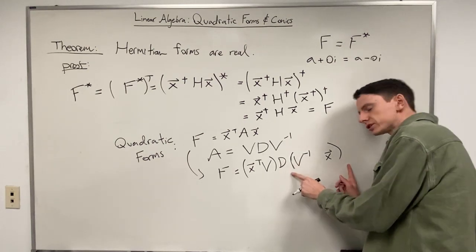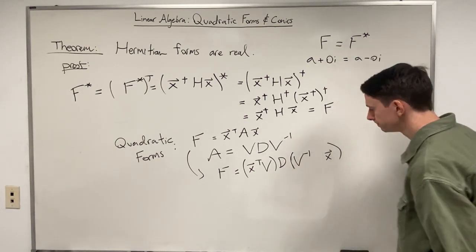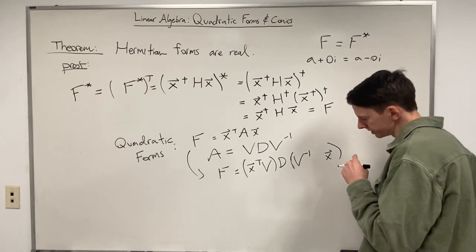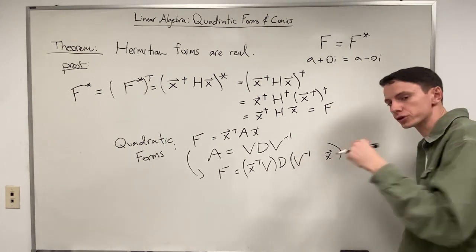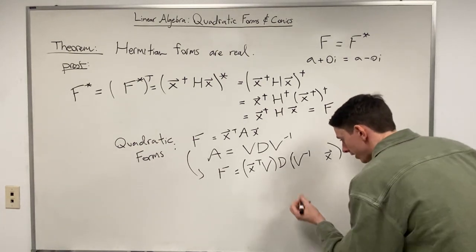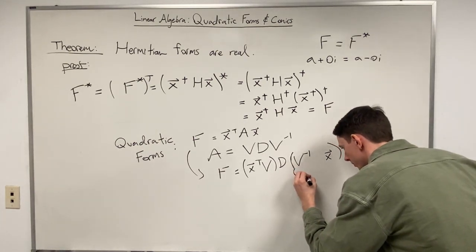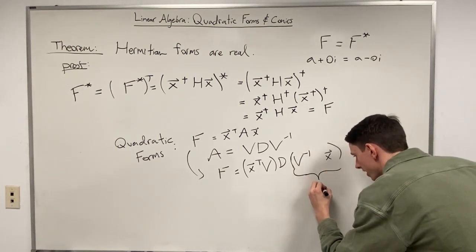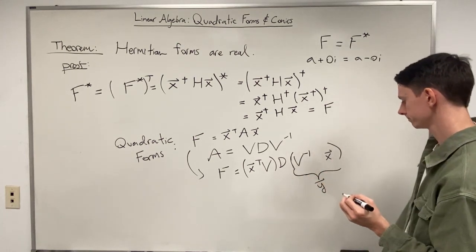If I look at this term right here in parentheses, I'm going to have a matrix times a vector, which is just going to give me a resulting vector. If we were to provide that vector with a name, maybe we'll call that vector y.